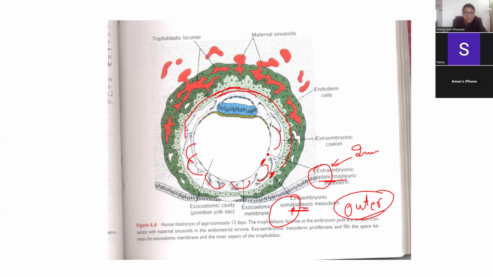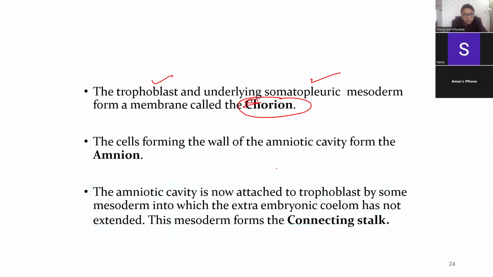They are rhyming, right? So always remember one, and the other one is opposite. We remember that the cytotrophoblast is separated, so the outer one should be lining the cytotrophoblast. So for the definition of chorion, we have the somatopleuric mesoderm, the outer one, because the chorion is formed by the outer mesoderm.